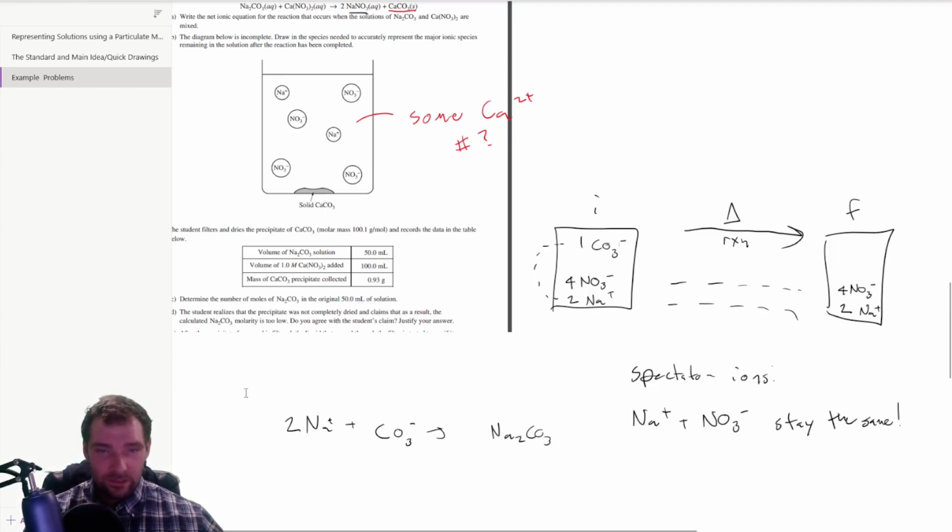And very similarly, so I'm just gonna make that purple and make this purple so you can kind of see that. And very similarly with the blue, we've got 4 nitrates, and we knew that there was 2 nitrates for every calcium, and so there must be 2 calciums here.